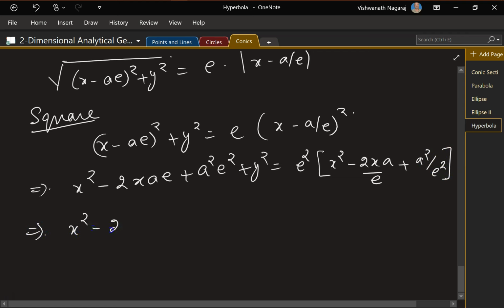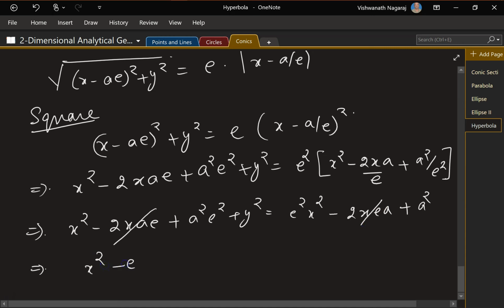That is x square minus 2xae plus a square e square plus y square is equal to e square x square minus 2xea, because one of the e in the denominator gets cancelled with one of the e in the numerator, plus e square gets cancelled, so a square.